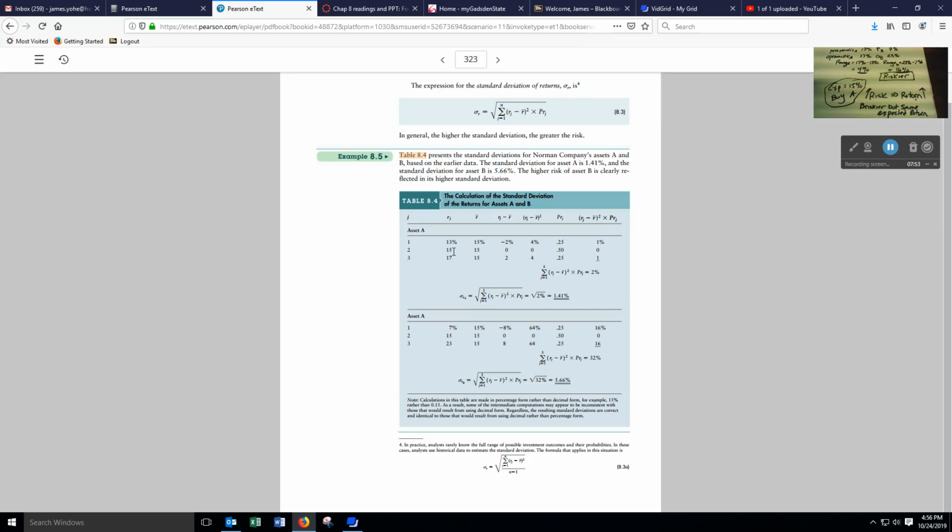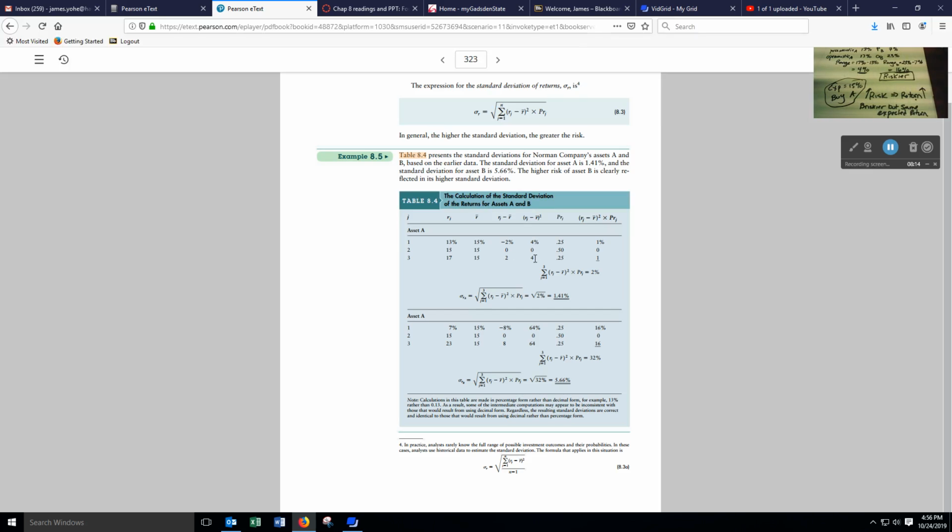Then we're going to take 15, which is the most likely return, subtract the mean, we get 0. 0 squared is 0. Then we're going to take the optimistic return of 17%, subtract the mean, and we'll get a positive 2%, and then square it.